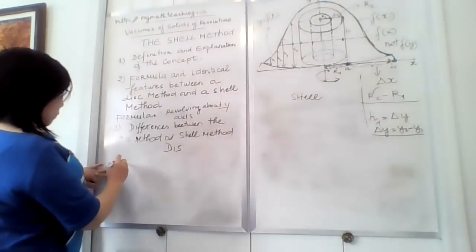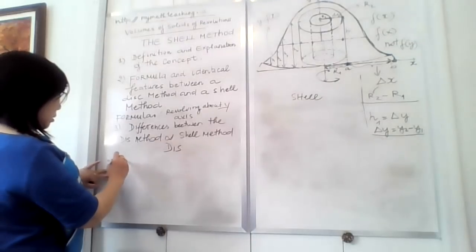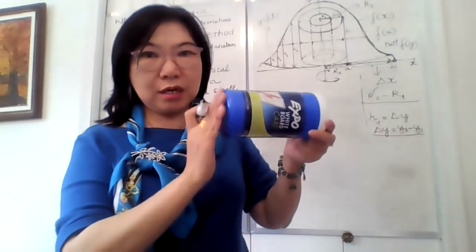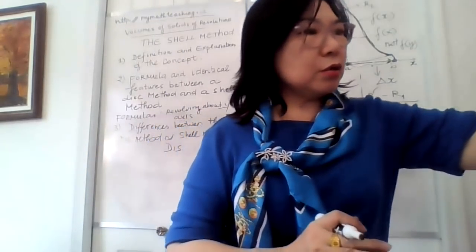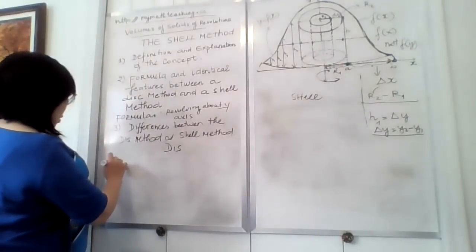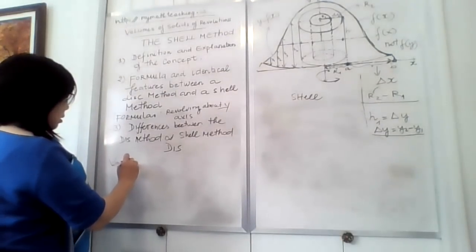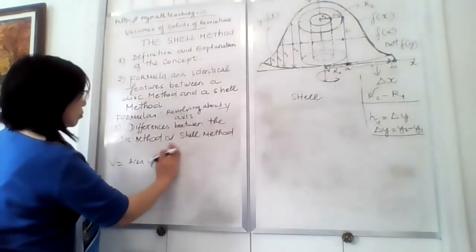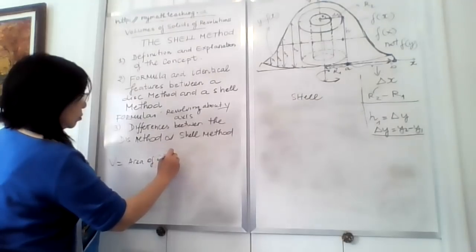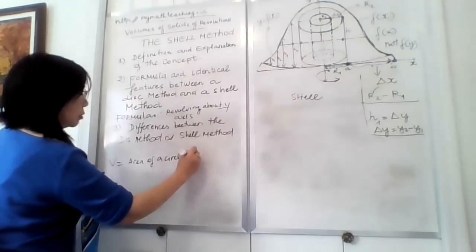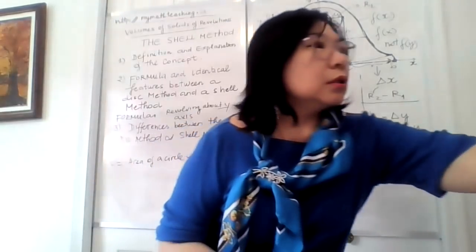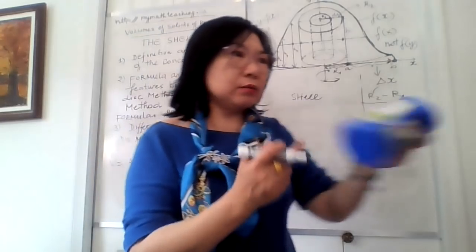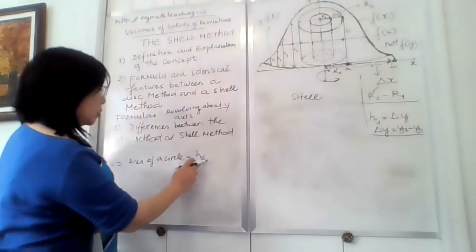The formula of this method uses the area of the circle: volume equals the area of a circle times the height, or you can call it the length if you lay it down. I prefer calling it length because we lay it down.